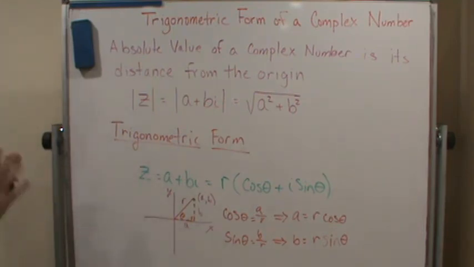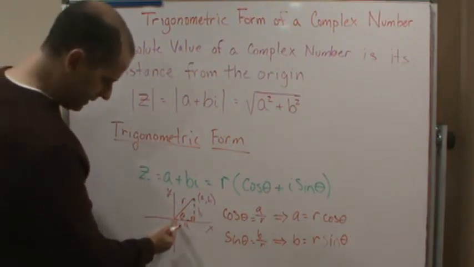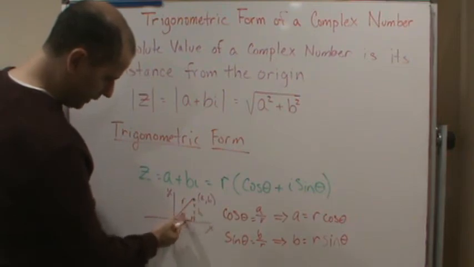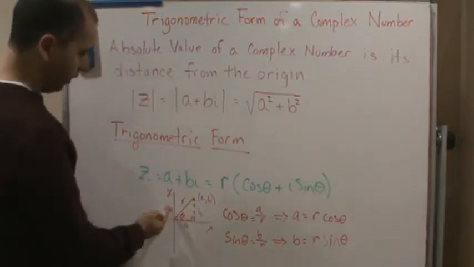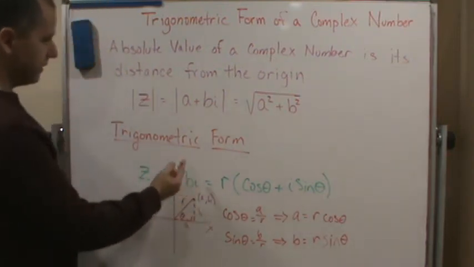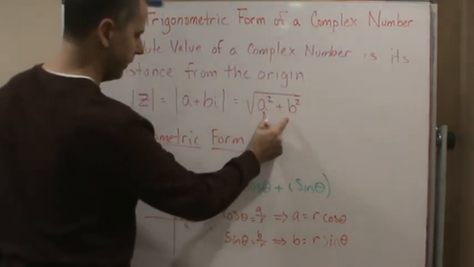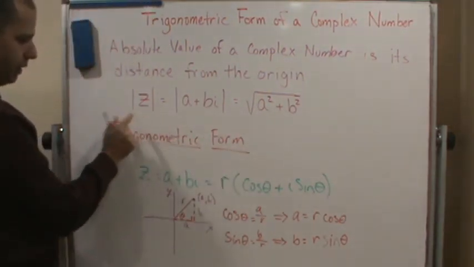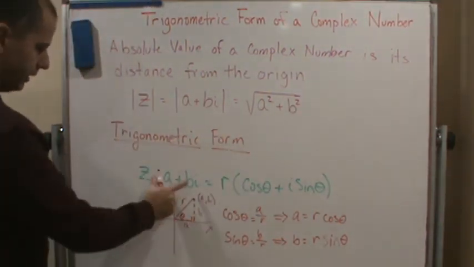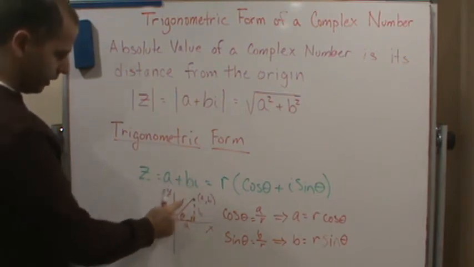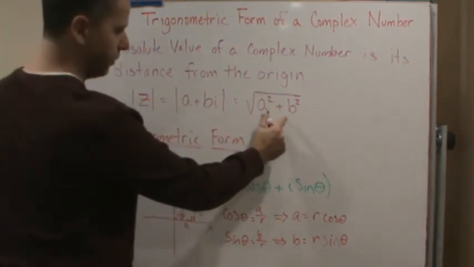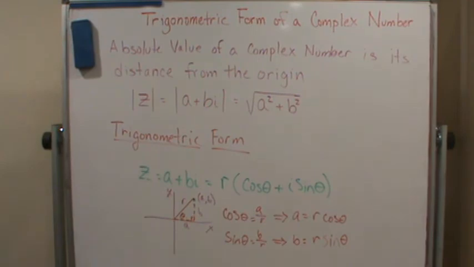So, now, what about r? Well, r, as you can see, is the distance that this point is from where? The origin. Well, then r is nothing more than the absolute value of z, right? So r is just the square root of a squared plus b squared. Okay, so what do we call that?